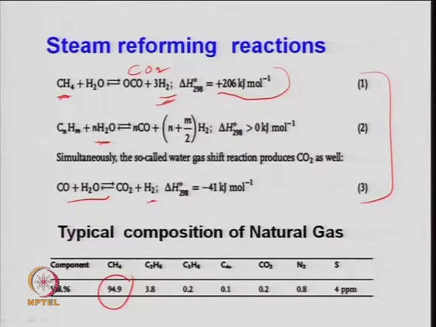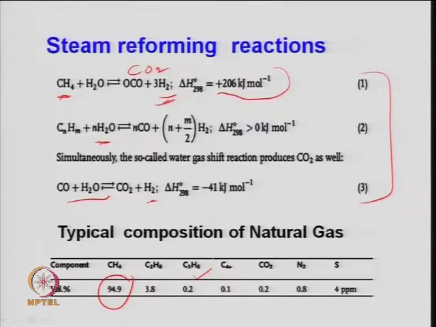So, it may have the heavier fractions like ethylene, propylene, some C4 plus, right. These are known as the heavier fractions or natural gas liquids, right. So, they may also be present, and then there may be some carbon dioxide and sulfur. This is the problem in fact in natural gas, when you have to remove the sulfur before treatment in order to avoid the deactivation of the catalyst.